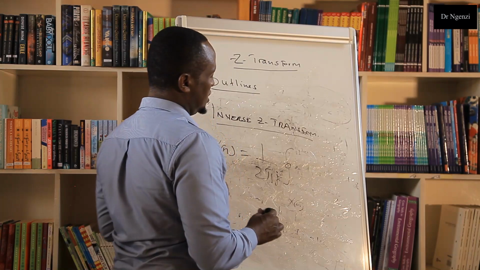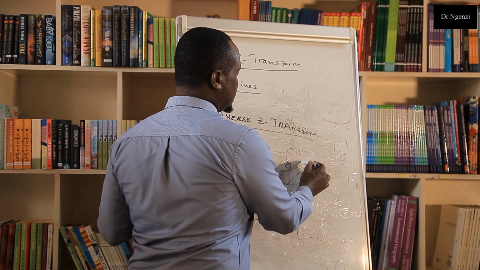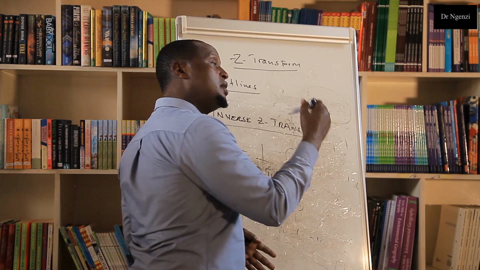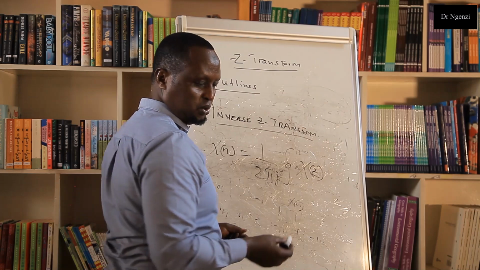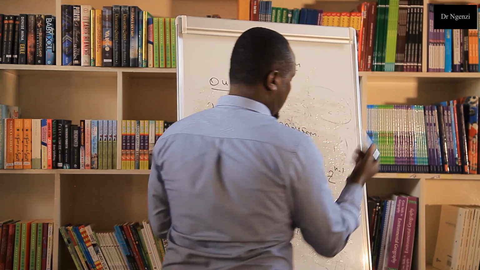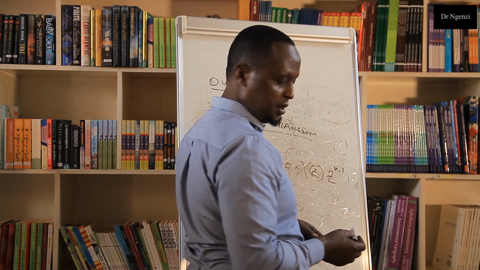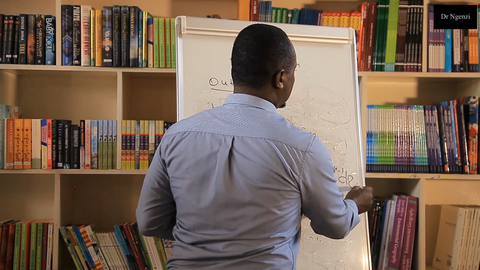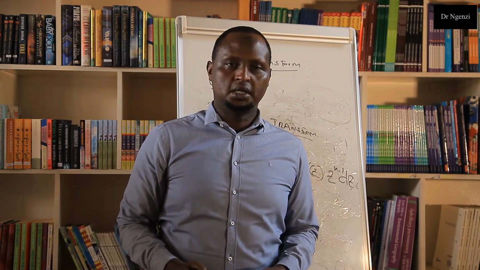Now the integral over the closed loop of big X of z, into z to the power n minus 1, dz. So we are going to integrate with respect to z.